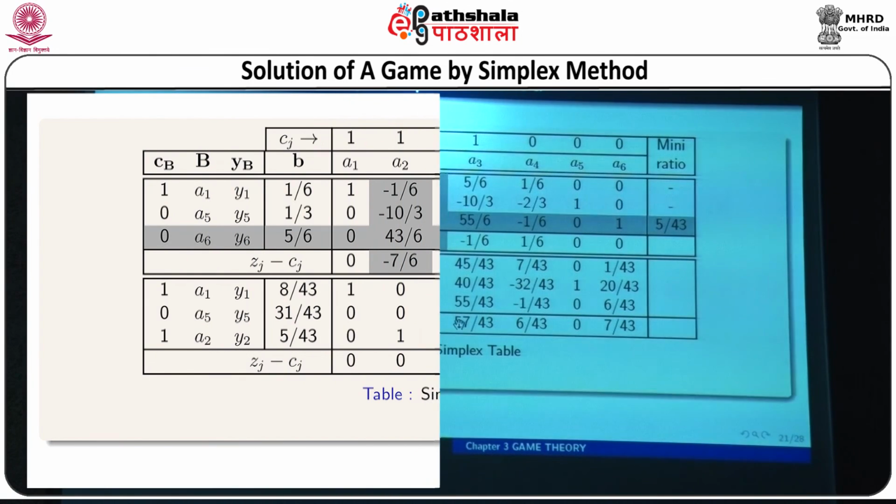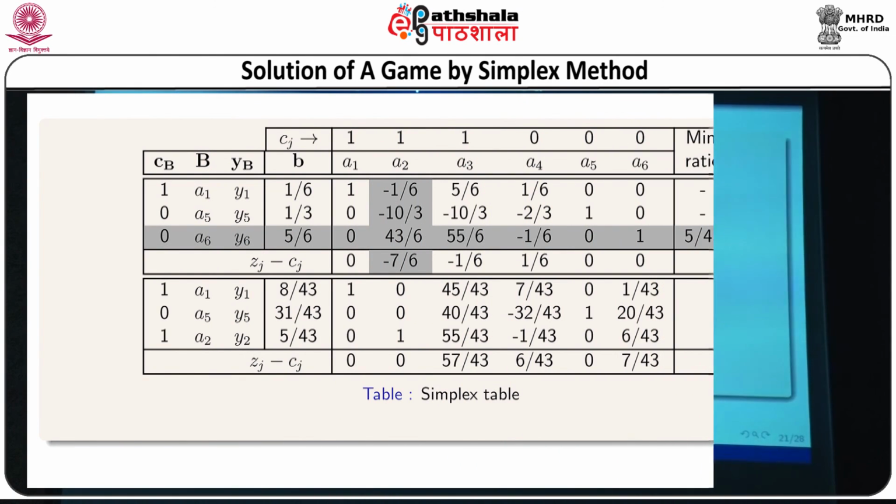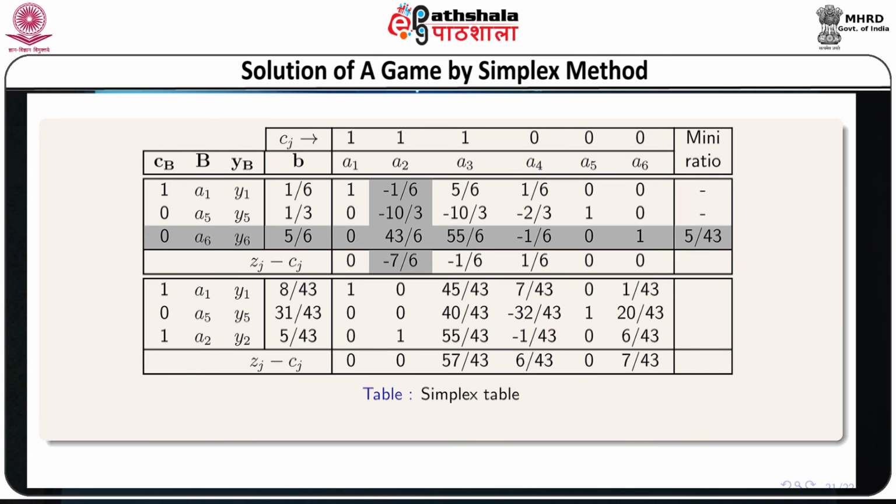The next iteration shows that the optimality condition is still not satisfied, since zj minus cj are not all greater than equal to 0 for all j, and the most negative value of zj minus cj is minus 7 by 6.